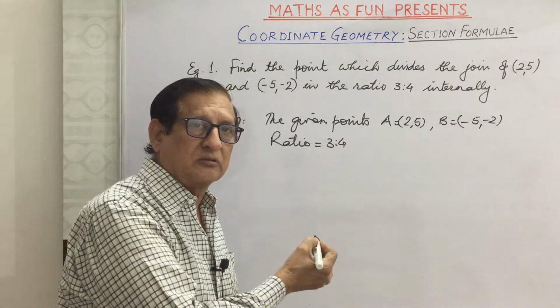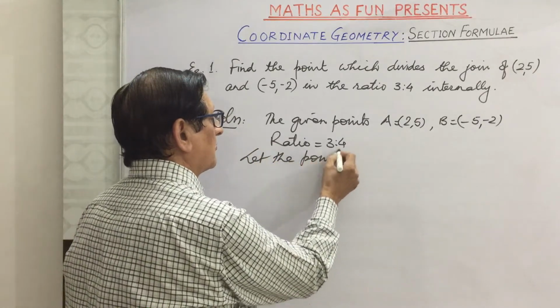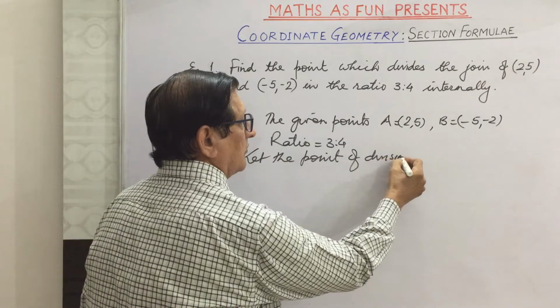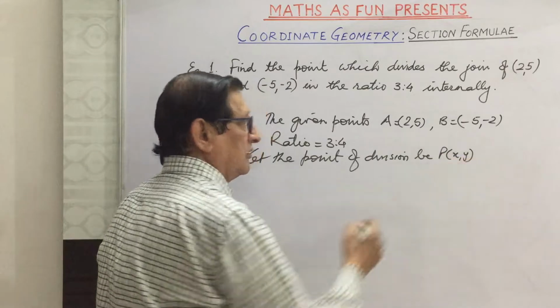We can consider the coordinates of the point of division. So we can write, let the point of division be P, that is (x, y).